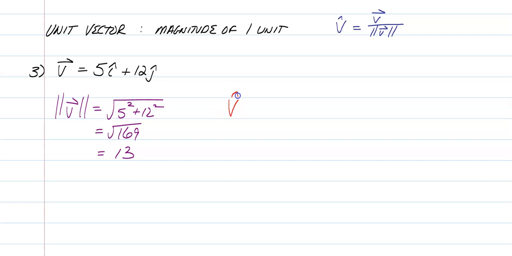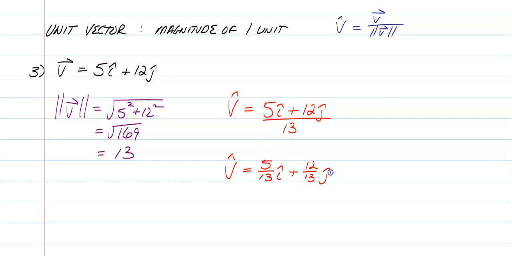So v hat is equal to 5i hat plus 12j hat all over 13, which of course you would write in its final notation. And of course you could reduce if necessary. These cannot be. So this would be 5 over 13 i plus 12 over 13 j.